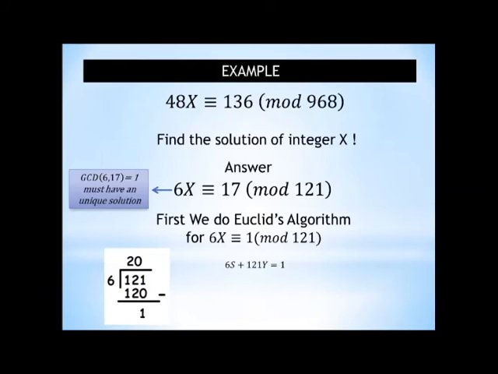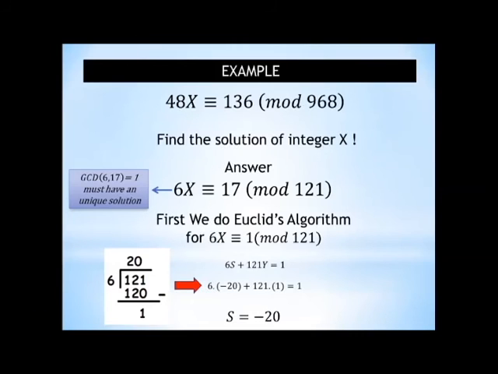121 divided by 6 gives the result 20, and the remainder is 1. Because the remainder is 1, we stop here. And we can write 6 times minus 20 plus 121 times 1 gives 1.